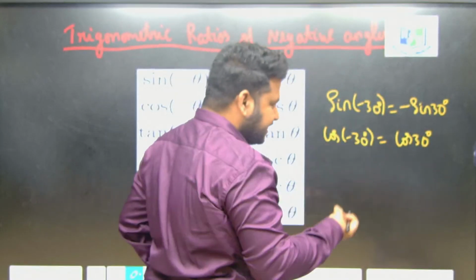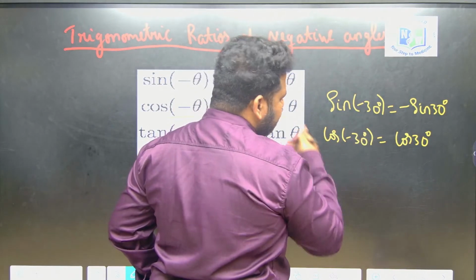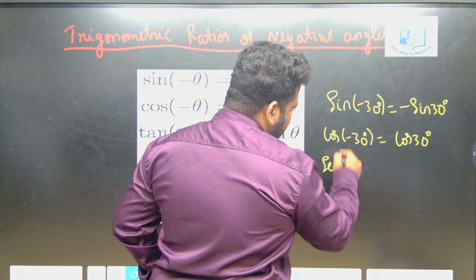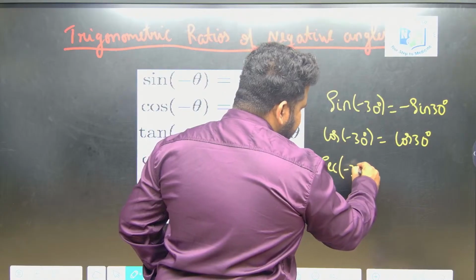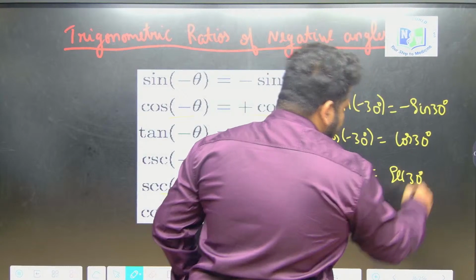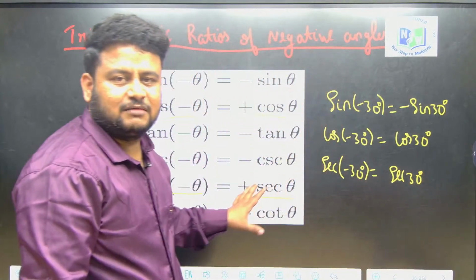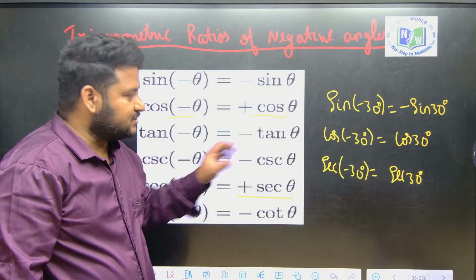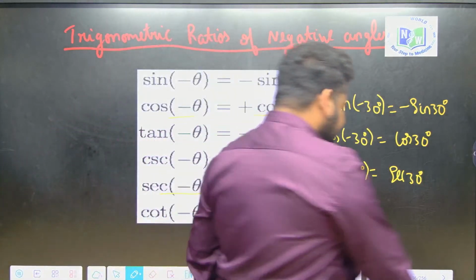Secant is the reciprocal of cos, so secant of minus 30 degree also observes negativity and becomes secant 30 degree. So these are the things you have to know about trigonometric ratios of negative angles. Clear, friends?